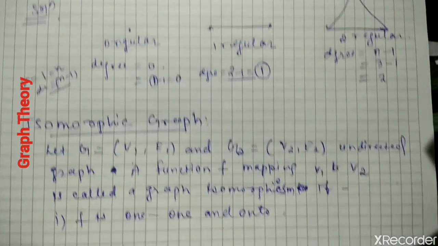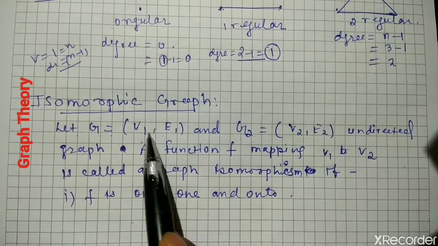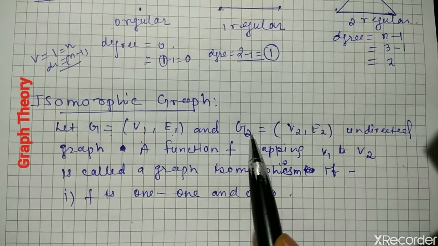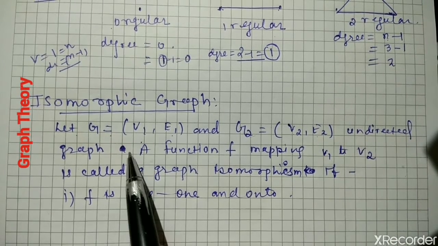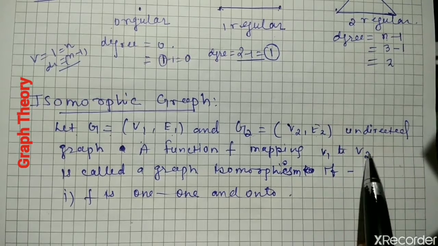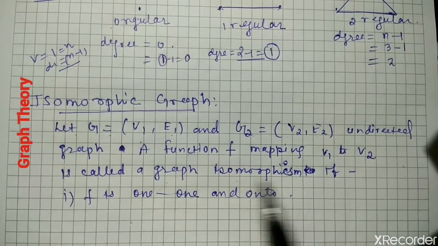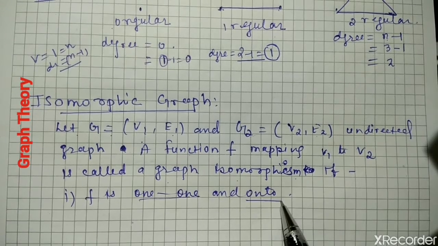Next is our isomorphic graph. What is an isomorphic graph? Let G1 equals (V1, E1) and G2 equals (V2, E2) be undirected graphs. Then a function or mapping f from V1 to V2 is called a graph isomorphism if f is one-one and onto.